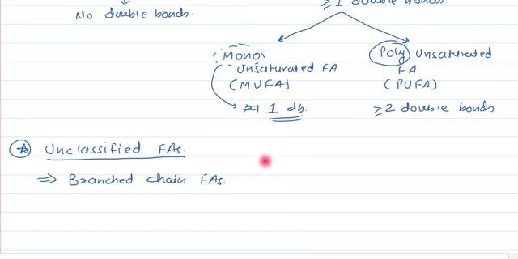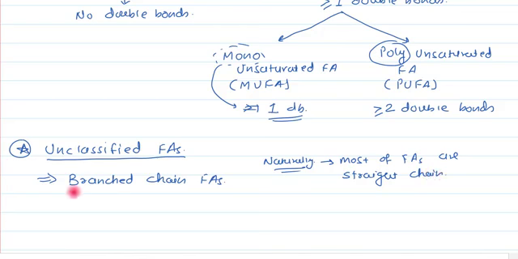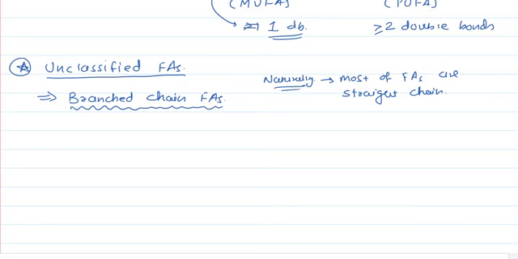Naturally, most of the fatty acids are straight chain, but there are certain rare incidents where branched chain fatty acids are important, and two examples are important for human biochemistry.